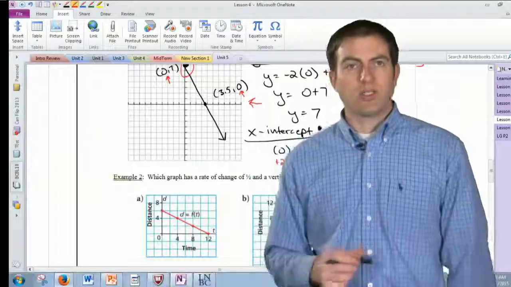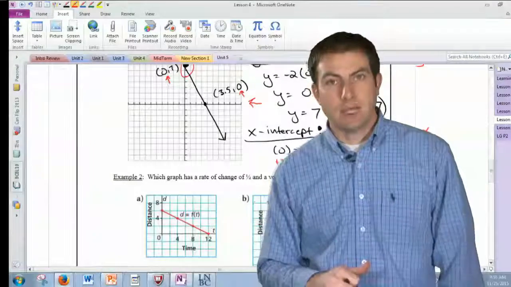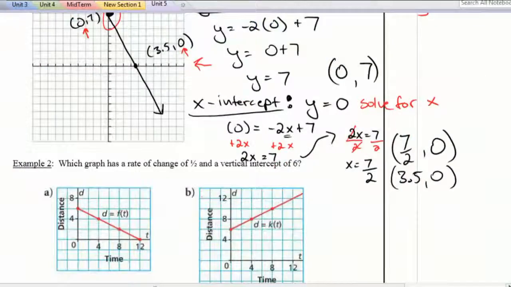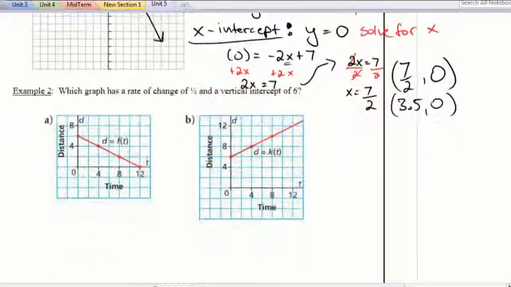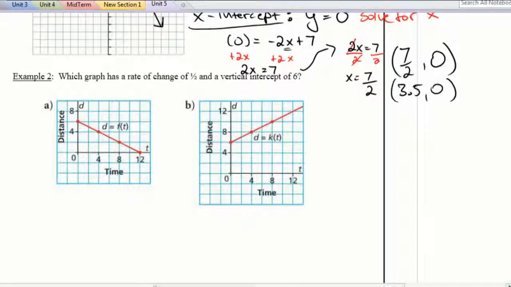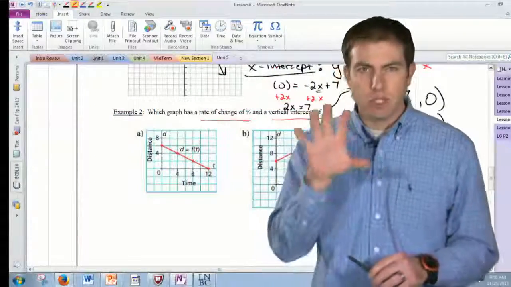Example number 2 gives us 2 graphs, and it says the rate of change is 1/2, and the vertical intercept is 6. Which graph represents this? Rate of change may be a bit more difficult to visualize on a graph.